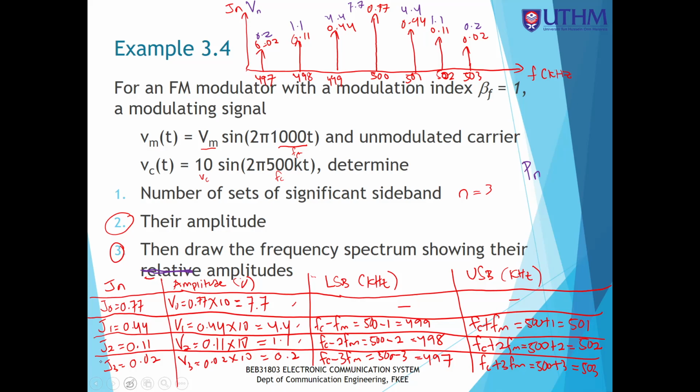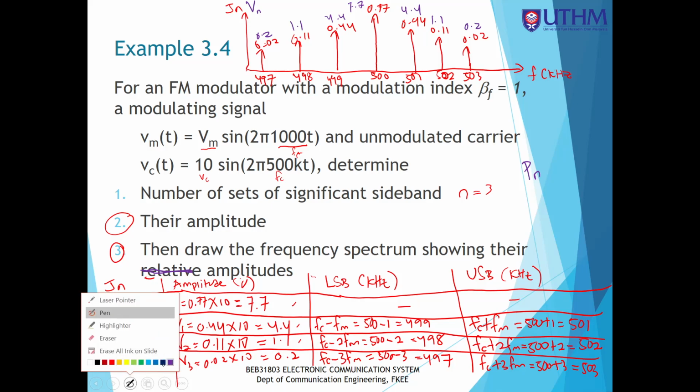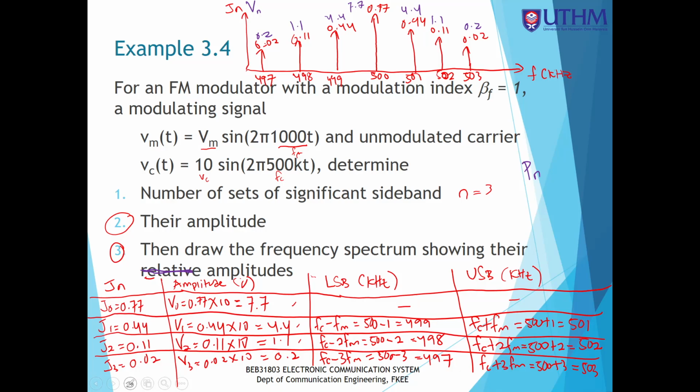The power equation is still the same: power Pn is equal to Vn square divided by 2R. So you need to know the resistance value.